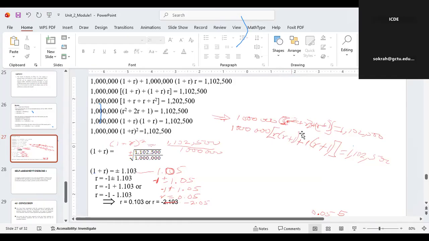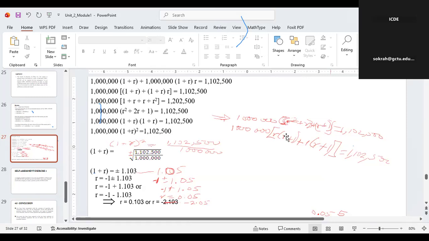Plus, we come to the second bracket, where we have r plus 1. What is common? It is 1. So we take 1 out and use it to divide everything inside that bracket. We divide r by 1, we still get r. We divide 1 by itself, we still get 1.